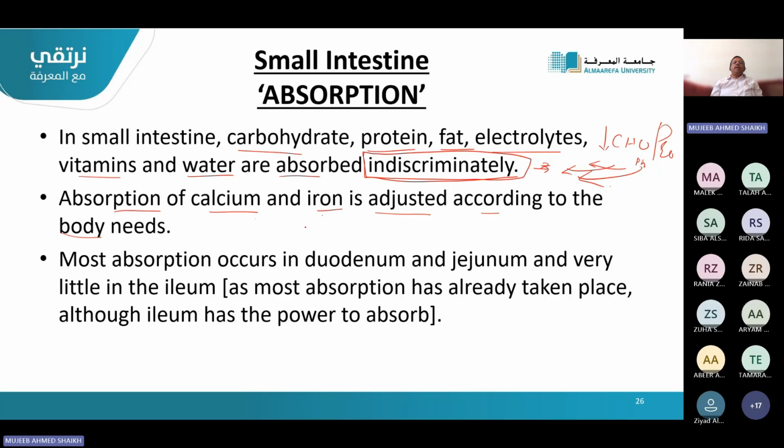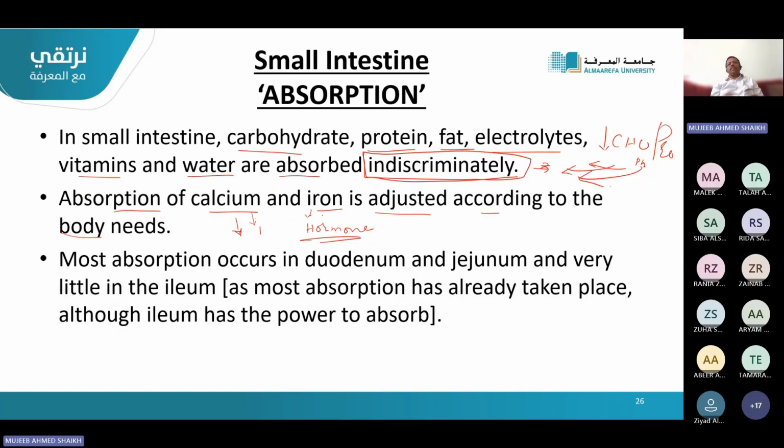Because their absorption is regulated by hormones. Which hormone regulates calcium? PTH. Not only hormones but also vitamins. Yes, parathyroid hormone. And for iron also there is a hormone. I will tell you in the next slide.